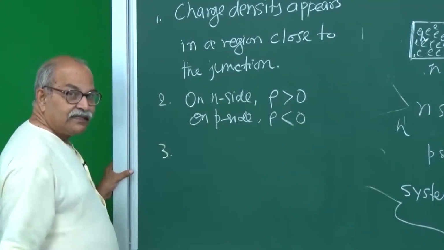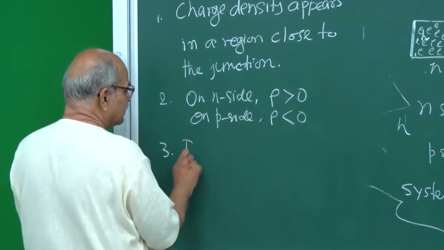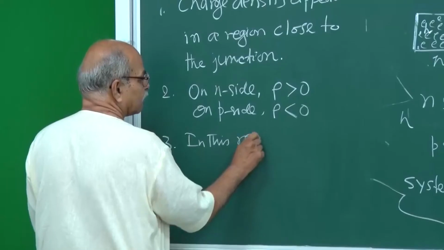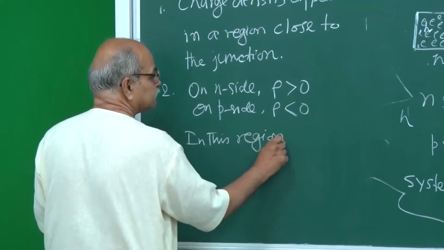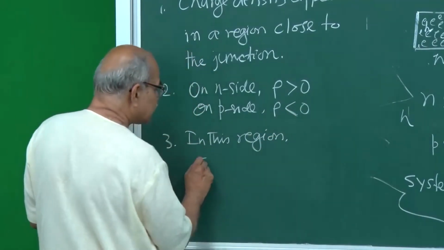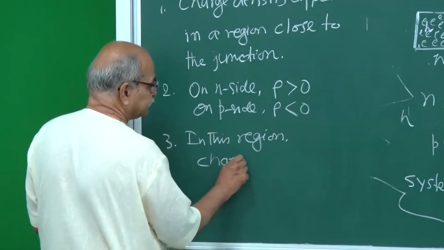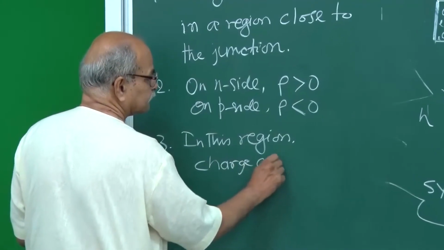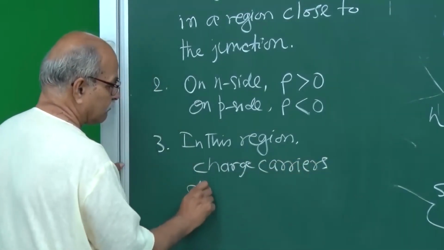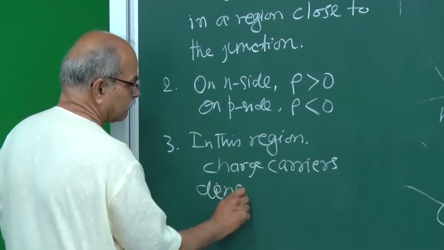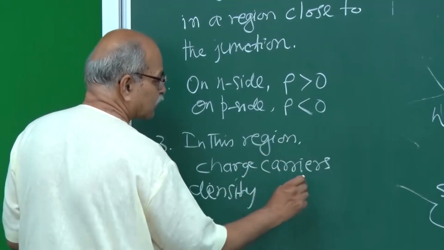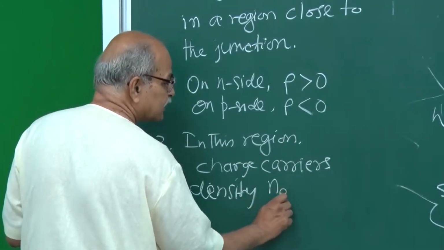And another interesting thing is, in this region there are no charge carriers. So the charge carrier density is almost 0 for all practical purposes.